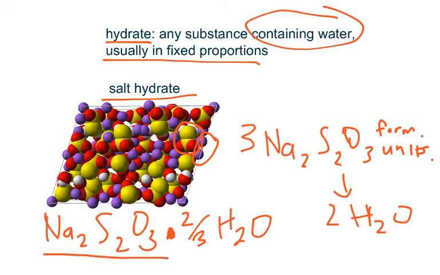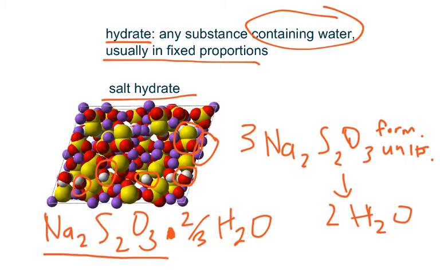And the water molecules are the ones over here where there are two H's indicated by white and one red atom which stands for oxygen. Now these water molecules are kind of stuck in the crystal lattice structure of this sodium thiosulfate crystal.